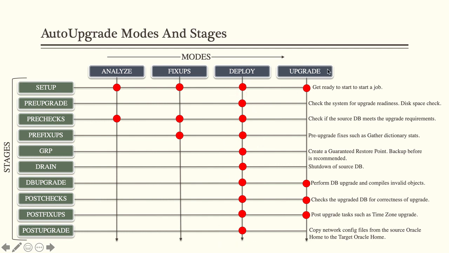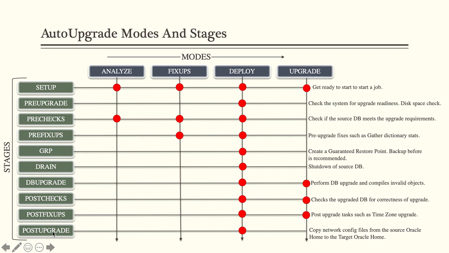And then I said, an upgrade where your source Oracle home and target Oracle home are not on the same machine. What would happen if you do an upgrade? Upgrade will do a setup, then it will do the DB upgrade tasks, then it will do post checks, and then it will do the post fix ups.